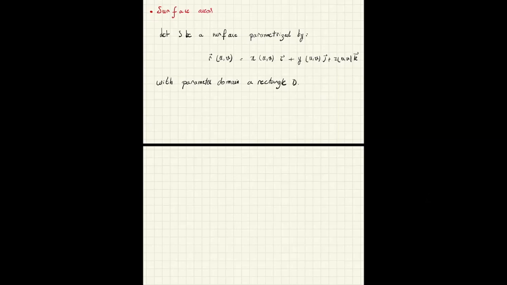The parameter domain is where U and V are allowed to live.